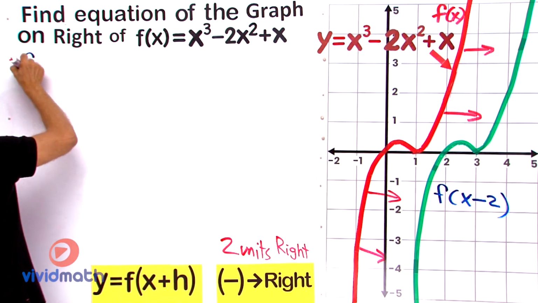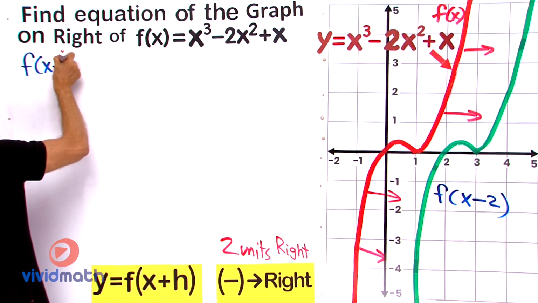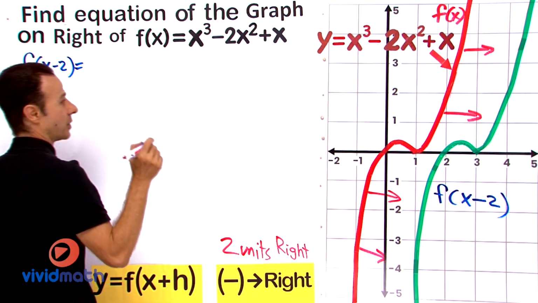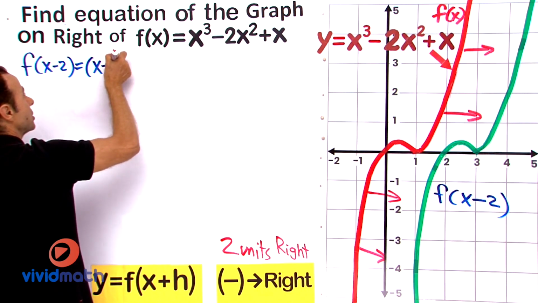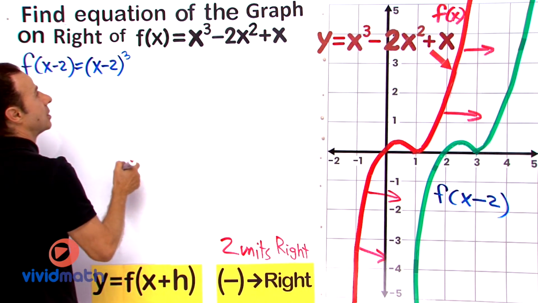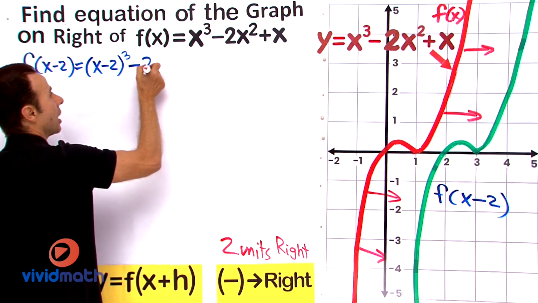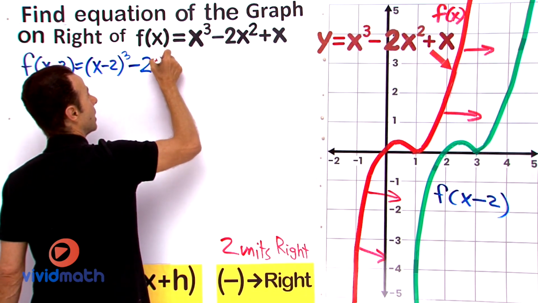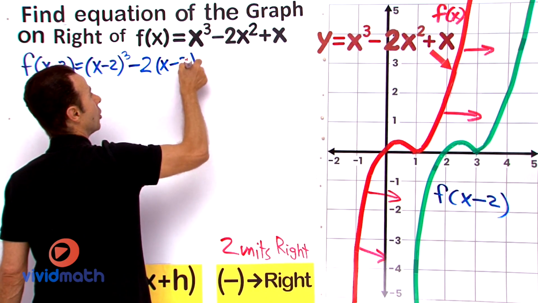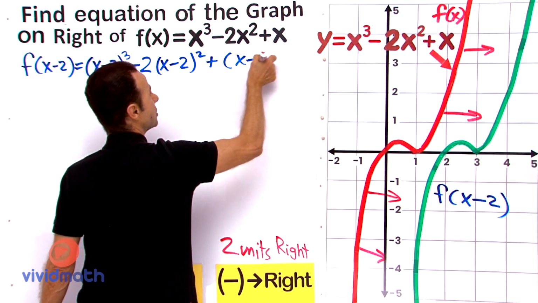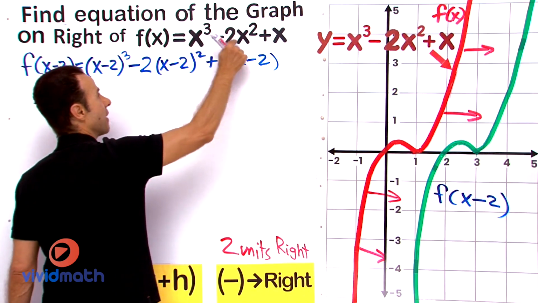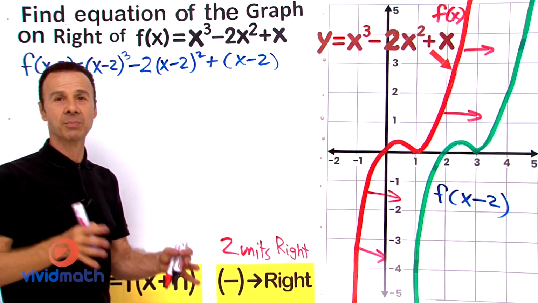So function x minus 2 is equal to x minus 2 cubed, x minus 2 all cubed, minus 2 times x minus 2 all squared, plus x minus 2. All we did was replace every single x with x minus 2.